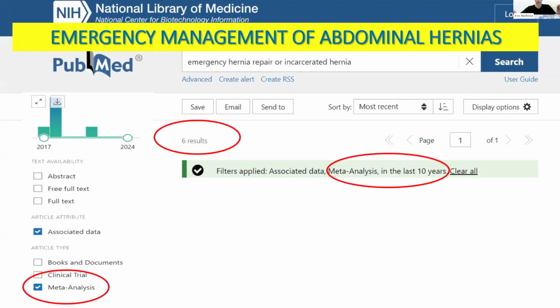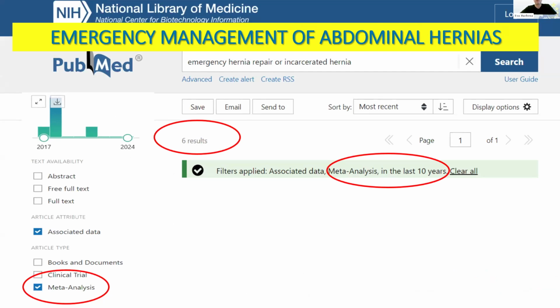So with regards to the basics, I did a PubMed search on this, with the words emergency hernia repair or incarcerated hernia. And I looked at high-level evidence. Over the last 10 years, I could only find 6 meta-analyses about this. So it makes sense. This is not easy to make stratified prospective studies at all.